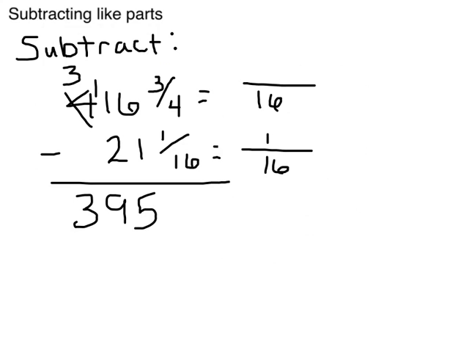And this one is already 16, so it's just going to stay. 4 times 4 is 16, so 3 times 4 is 12. And here I'm going to say 12 sixteenths minus 1 sixteenth would leave me with 11 sixteenths. Alright, good job. Let's go to the next one.